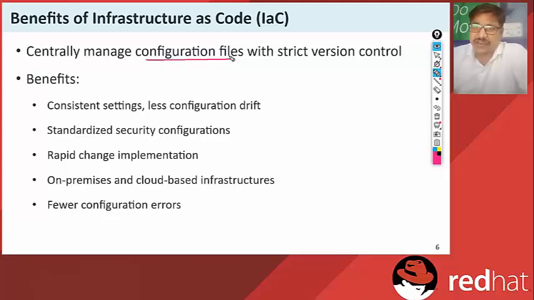Whatever the configuration requires, you will have to implement the security configurations. You can simply configure the same requirement, or as per the requirement. Rapid change implementation: if you want to make minor changes on all the systems, you just change the single code or the code inside the file and everything will be implemented very soon.